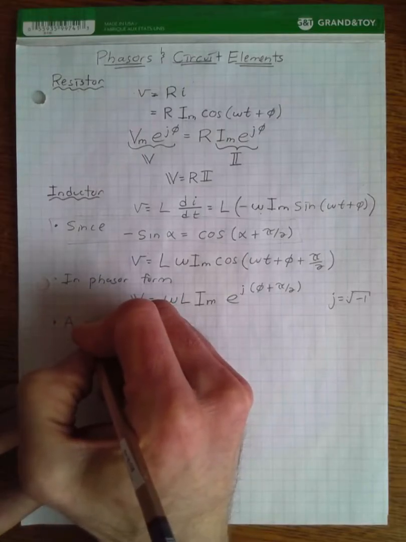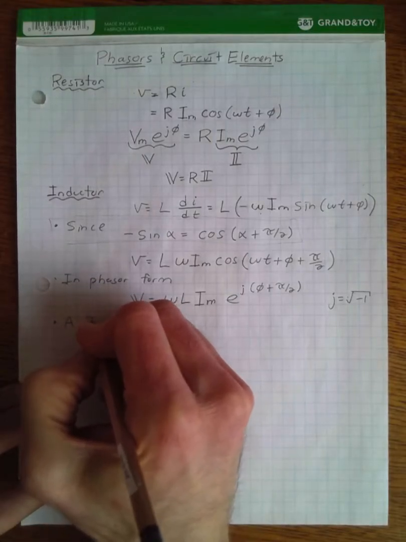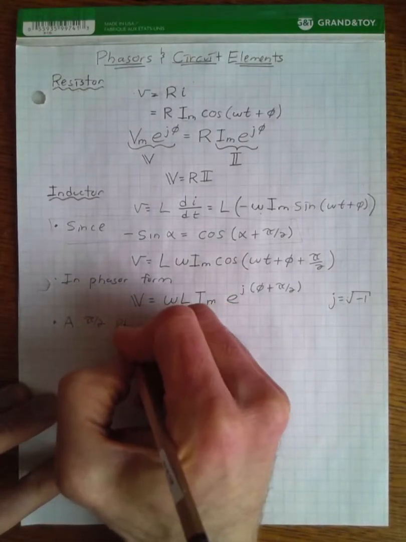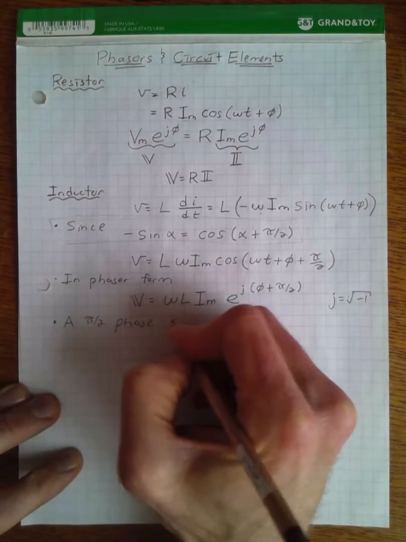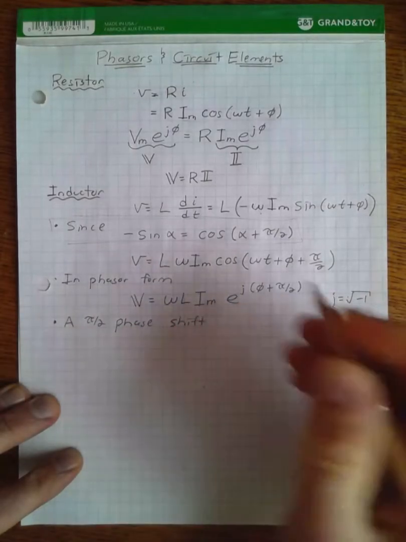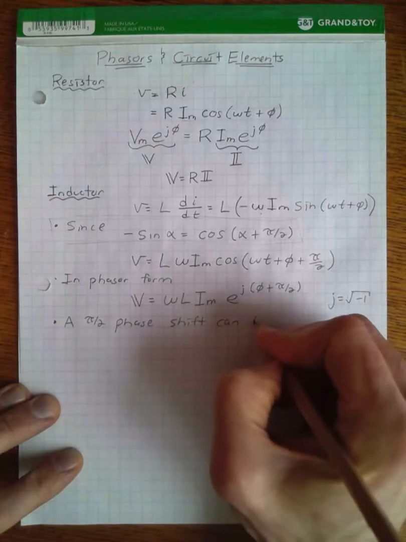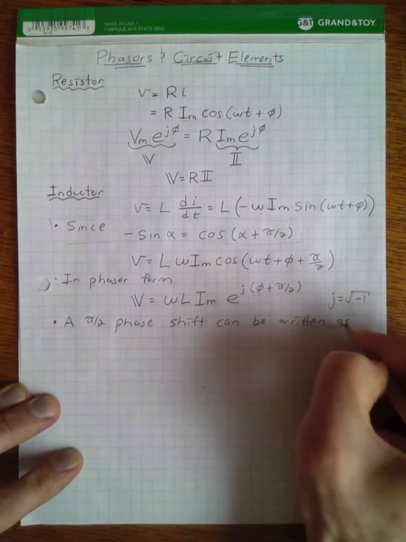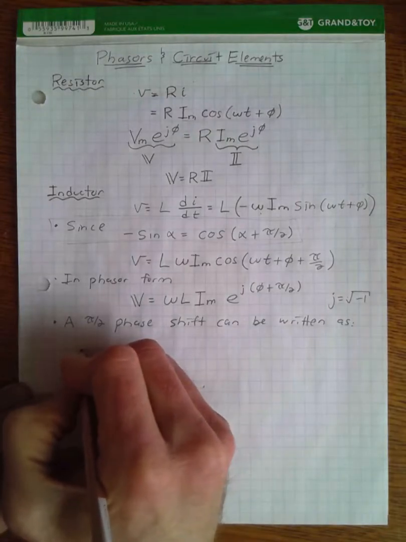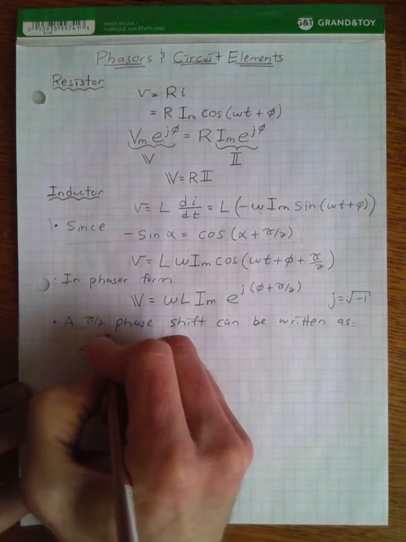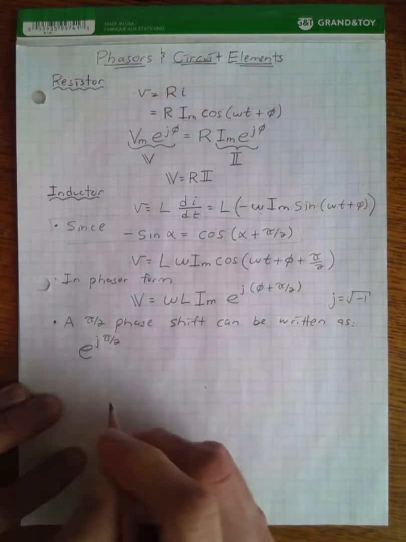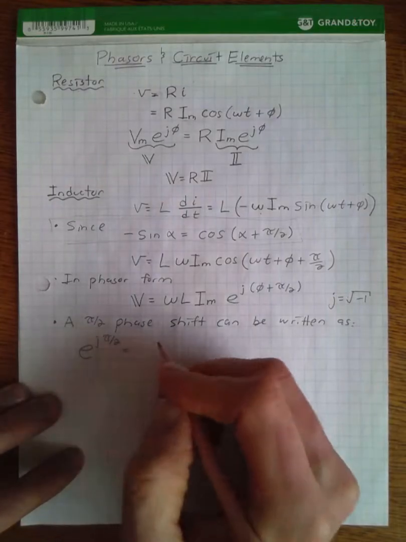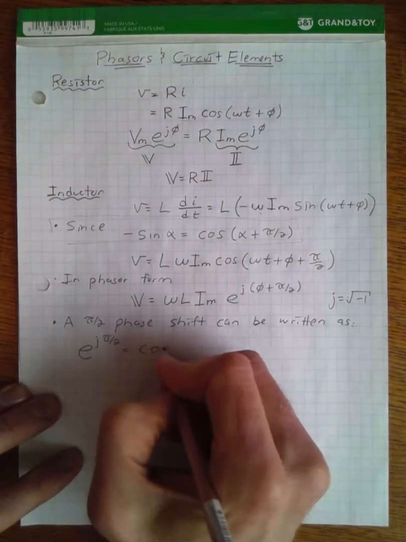To be specific, a pi over 2 phase shift can be written as e to the j pi over 2, using our complex exponential identity.